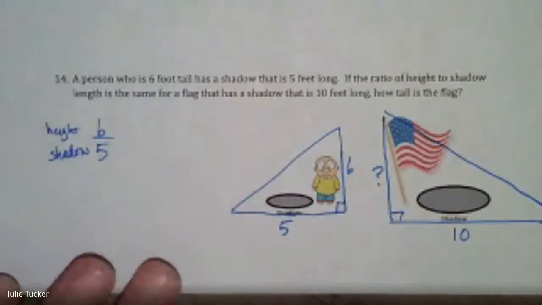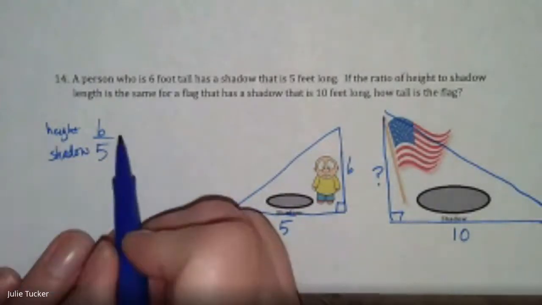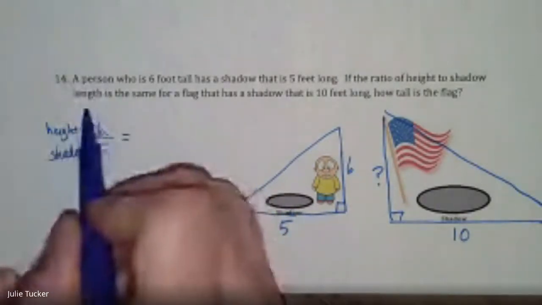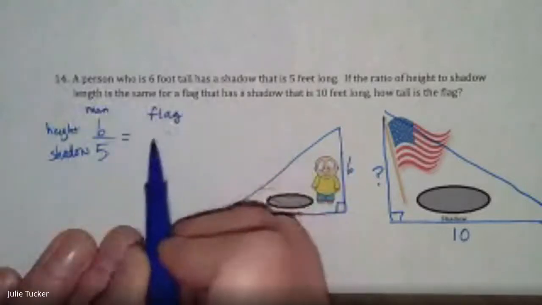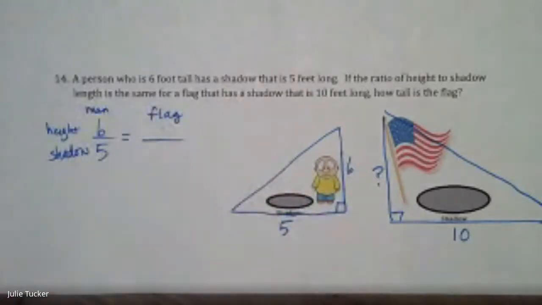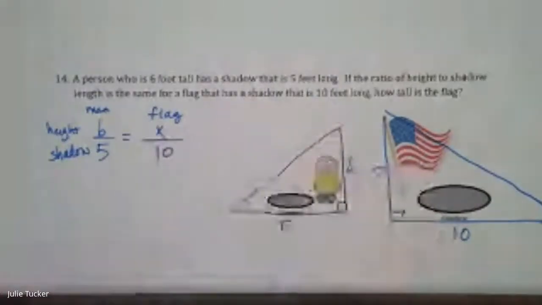So we should label it just to make sure that we do the other one the same way. So now this is the man. Now we need to do one for the flag, right? So let's make the flag match X. Good.